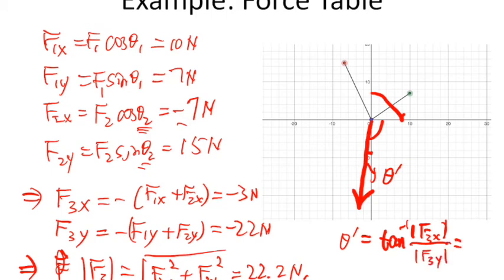If you plug it in, you will find it's just 7.8 degrees. So we know this angle, theta 3, should be negative 90 plus 7.8 degrees, which is negative 97.8 degrees.